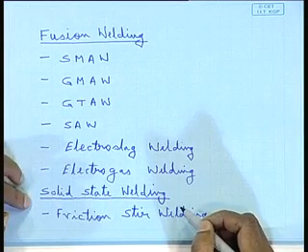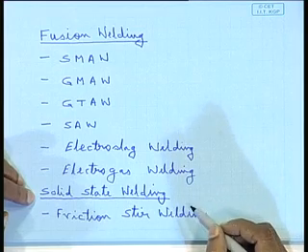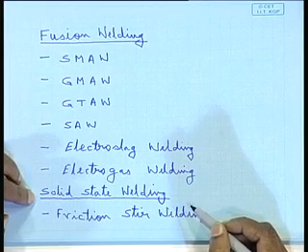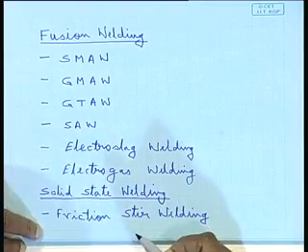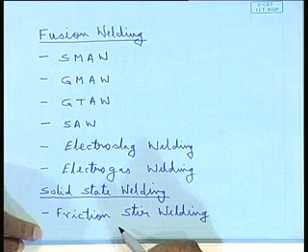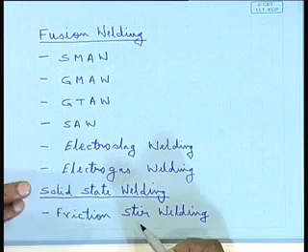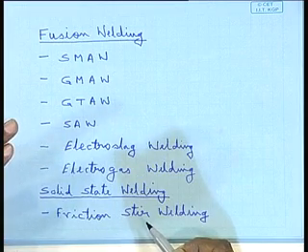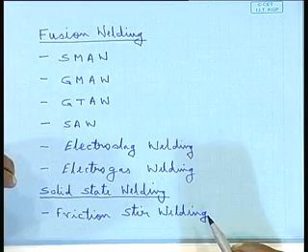Then we have another welding process which can be referred to as solid state welding. By solid state we mean that there is no fusion involved, there is no melting involved. That is how the name solid state. So under that, a welding technique referred to as friction stir welding is also slowly gaining so-called popularity and acceptance in the shipbuilding industry.